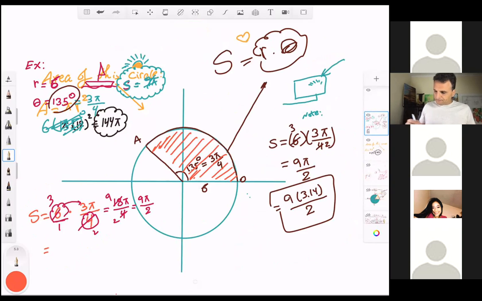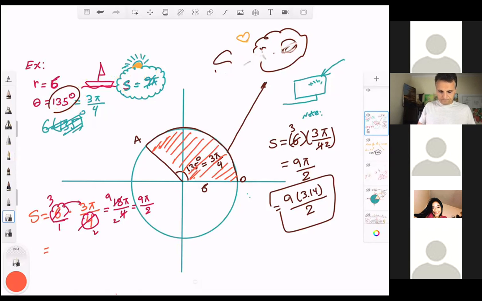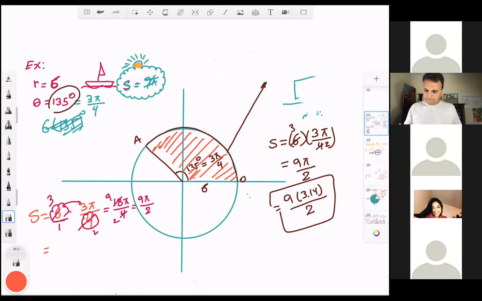Let me erase what we don't need. So what is the area of that shape?